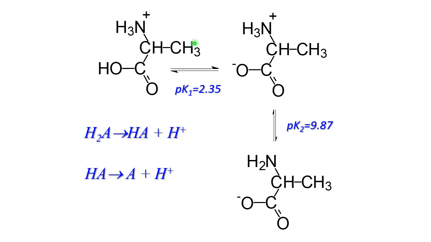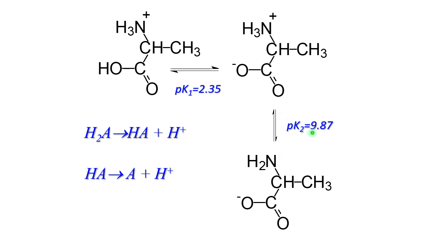Let's look at one of the simplest amino acids. In acidic solution, it will have a protonated carboxylic group and a protonated amino group. Now, first pK is 2.35. So at pH 2.35, our compound will undergo deprotonation of the carboxylic group and become a neutral amino acid with carboxylic group negative and ammonium group positive.